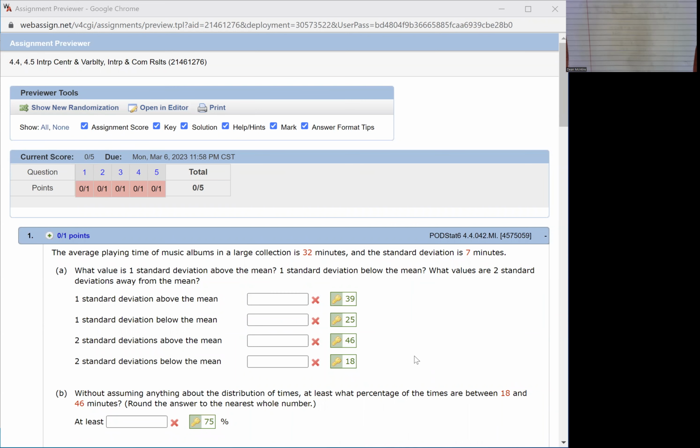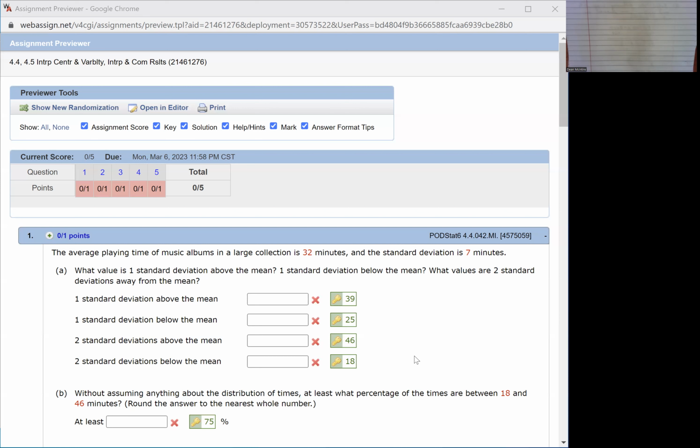And what the empirical rule tells us is what percentage of the original data set that we started with falls within so many standard deviations of the mean: 1 standard deviation of the mean, 2 standard deviations of the mean, 3 standard deviations of the mean.